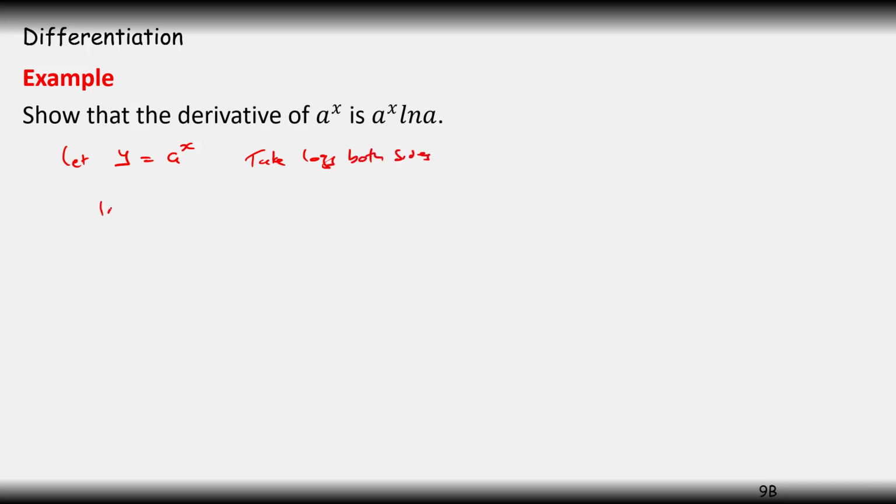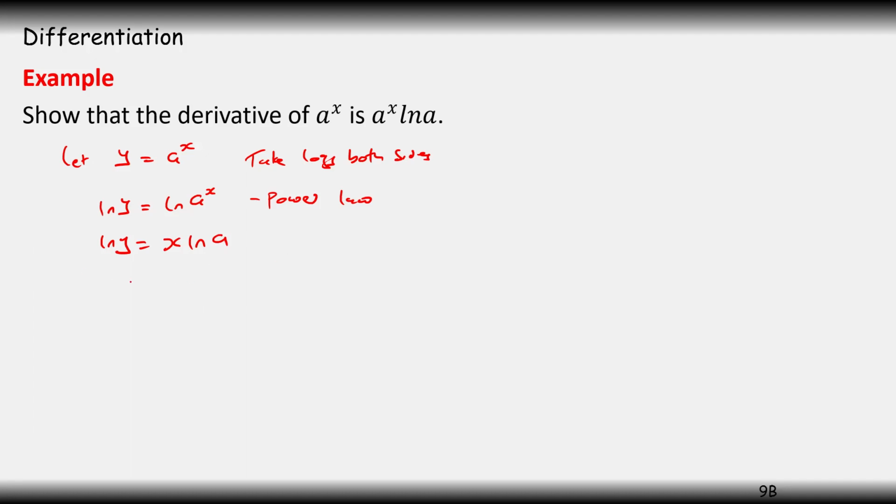So that leaves me with log of y equals log a to the power of x. It's a power here, so I want to bring it down beside the log, so I'm going to use the power law. So I've got log of y is equal to x log of a.